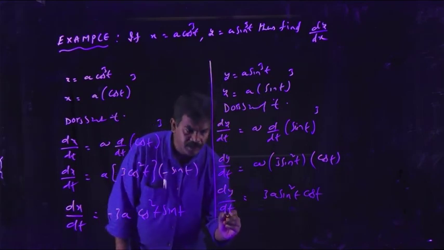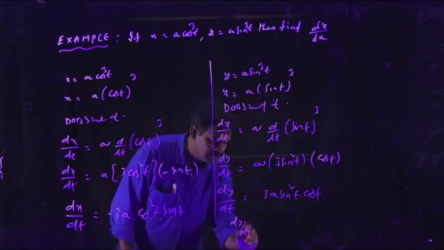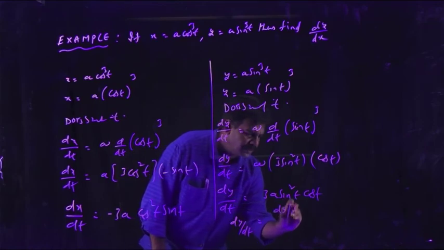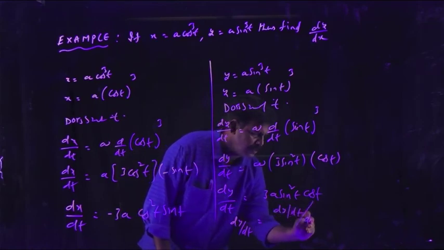We know that dy by dx is equal to dy by dt by dx by dt.